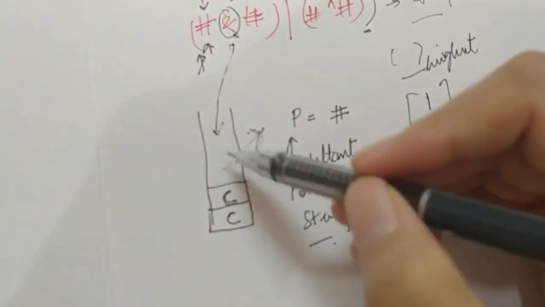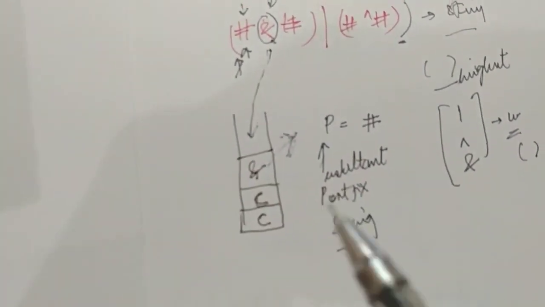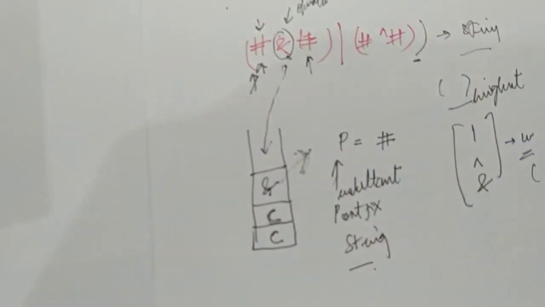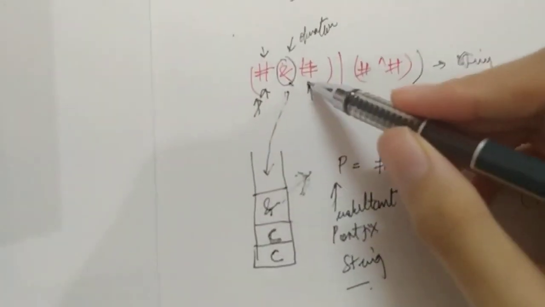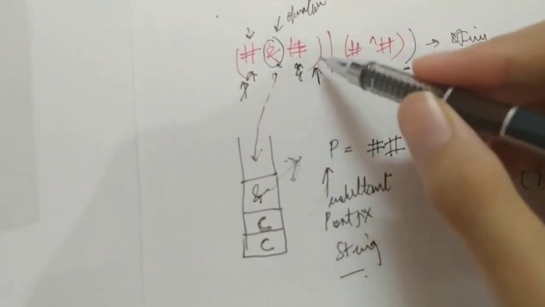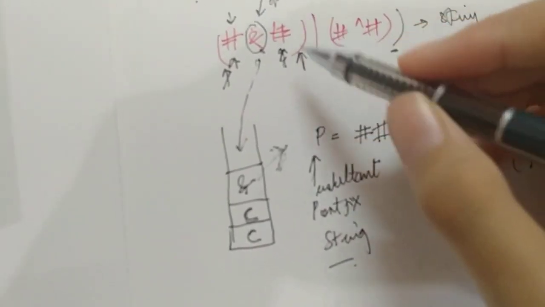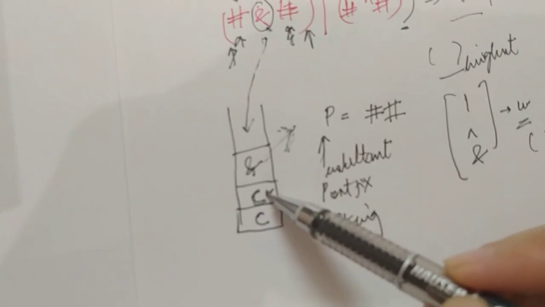As we have no operator, we just push and into the stack. Then we move forward and we got a hash. We append it into the string. We move forward, we encountered a closing parenthesis. When we encounter a closing parenthesis, we pop all the elements from the stack until we encounter the opening parenthesis.